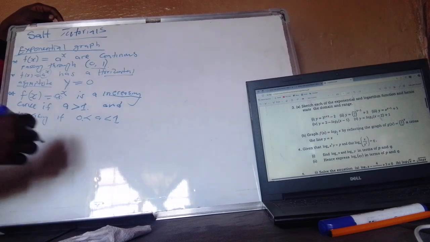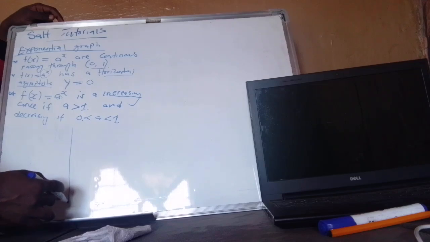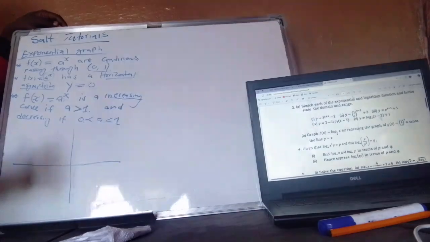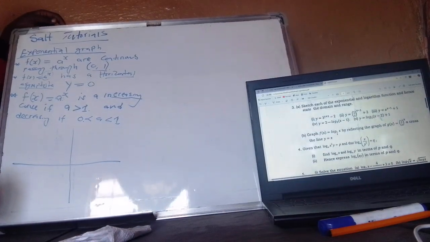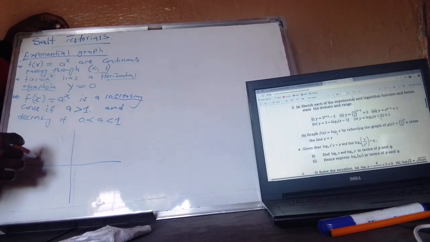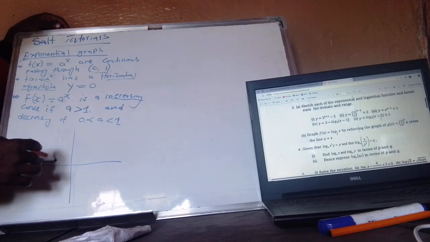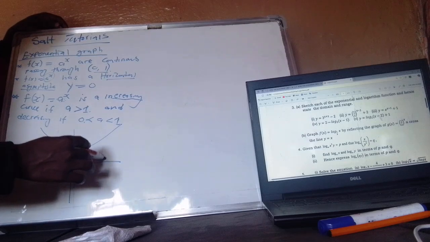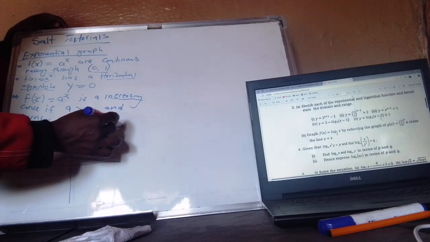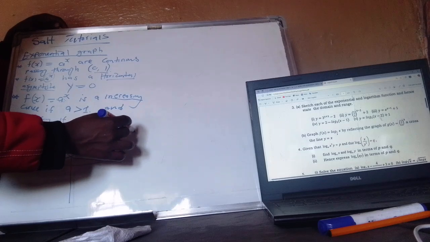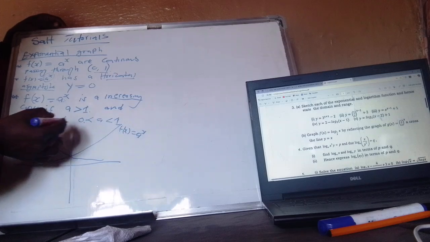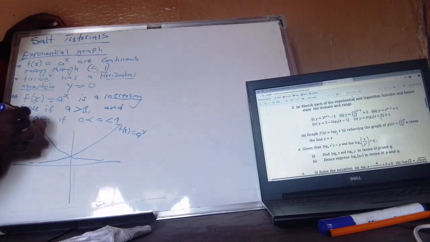So what is happening there? If this is my Cartesian plane, the function can either be increasing in this manner or the function can be decreasing in that manner. So this function f of x equals a power x will be increasing if this a is greater than 1, but decaying if this a is what?